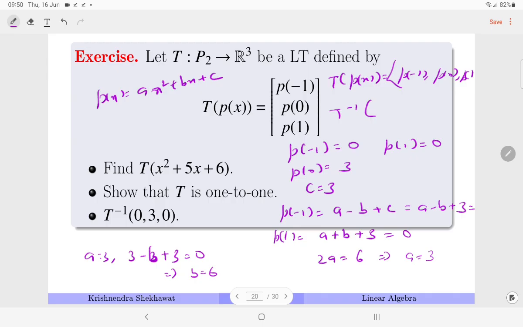So solving this, we will have a is equal to 3, c is equal to 3 and b is equal to 6. It means T inverse of (0, 3, 0) is equal to ax square, which is 3x square plus 6x plus 3.